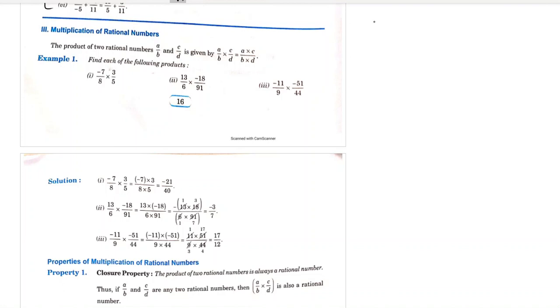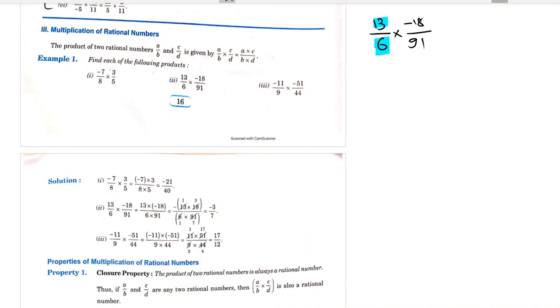For example, we'll take a solved example over here. 13 upon 6 into minus 18 upon 91. So you have the freedom to cut or simplify the denominator with the numerator. That's one thing you can definitely do.